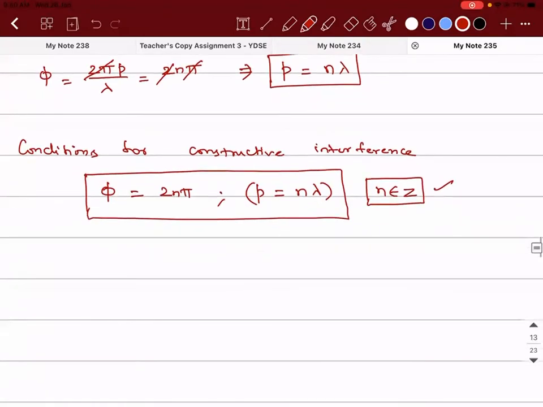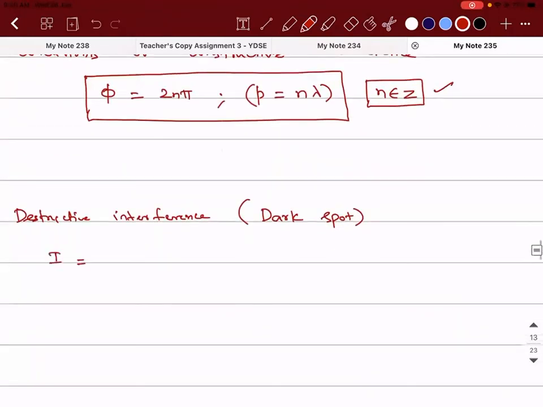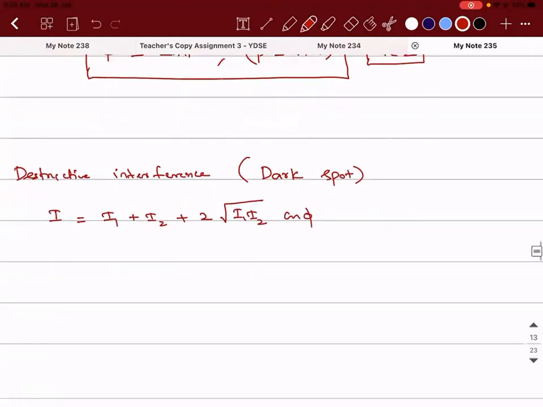In a similar way, when I talk about destructive interference, it is the place where a dark spot is formed, right? So we know the expression I is equal to I1 plus I2 plus 2 times root of I1 into I2 into cos phi. So for a dark spot to be formed, the intensity should be the least.